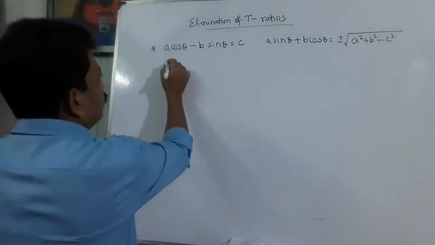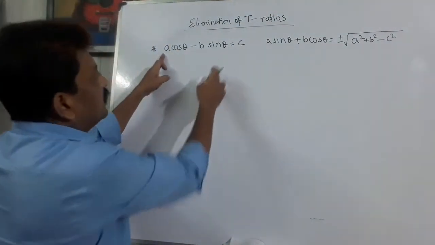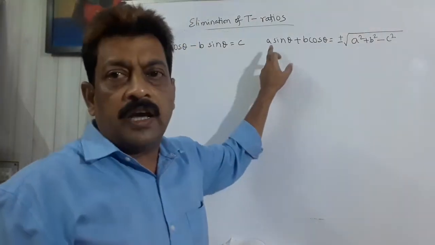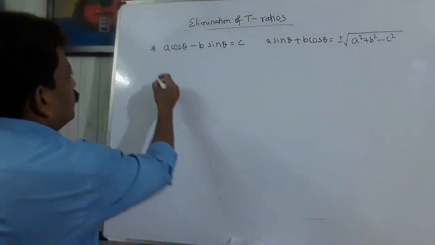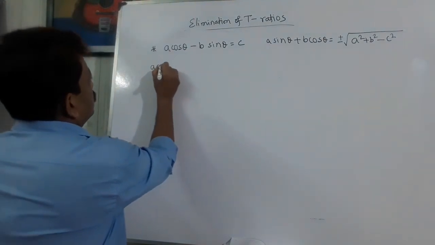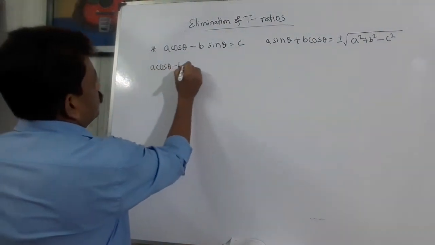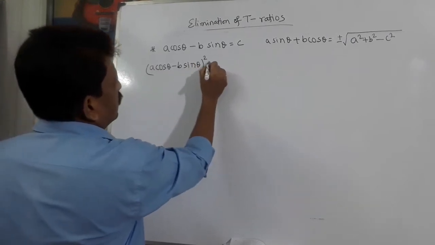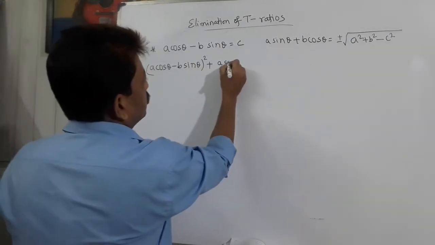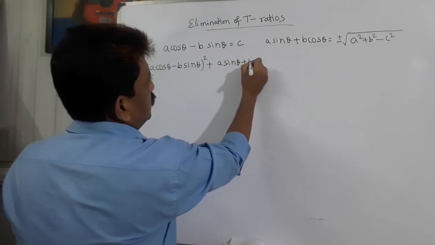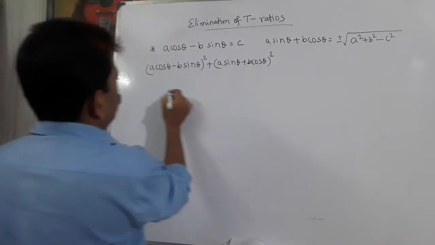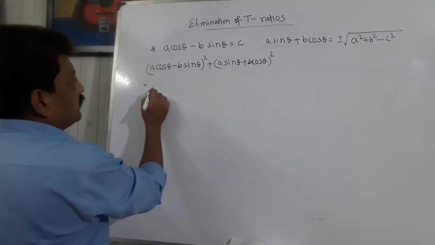First of all, we have to square the given part and square the question part also, and then add them. So (A cos theta minus B sin theta) whole square plus (A sin theta plus B cos theta) whole square equals what we will get.